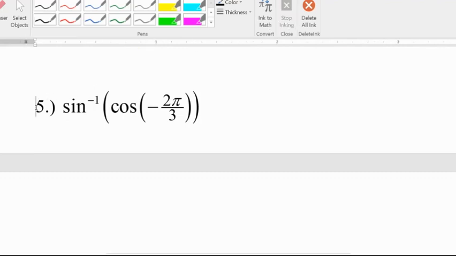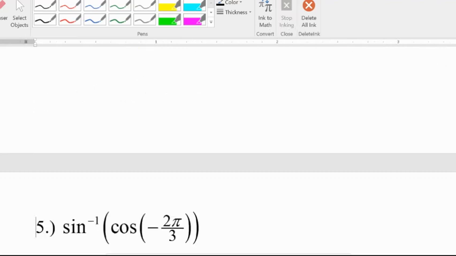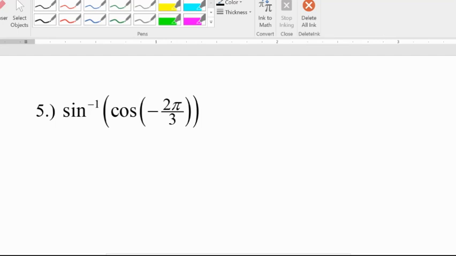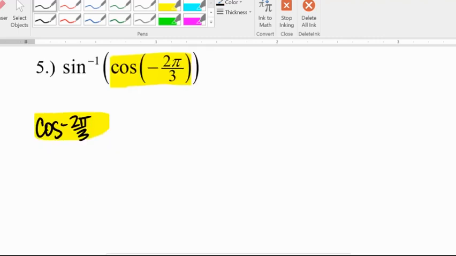Okay, so let's take a look at the next one. We've got sine inverse of the cosine of negative 2 pi over 3. So work from the inside out. Okay, negative 2 pi over 3.